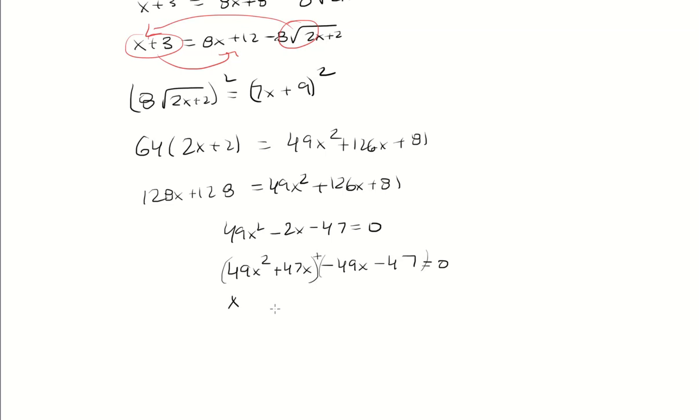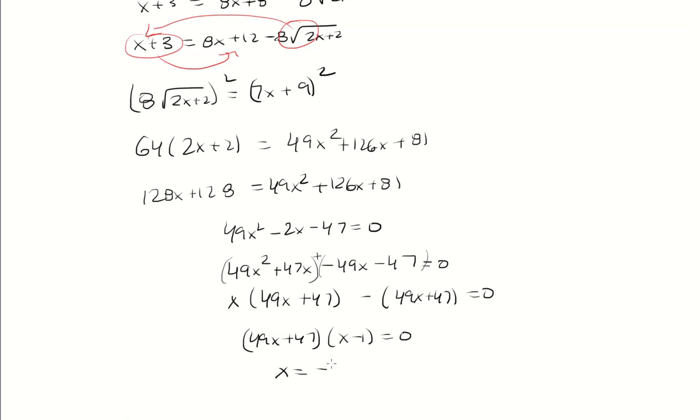So we have x times 49x plus 47. And I can pull out a negative, and then we have 49x plus 47 equals 0. Obviously, 49x plus 47 is common in both of these, so we could pull that out and have x minus 1. So we'll set each one equal to 0. You get negative 47 over 49 and 1.